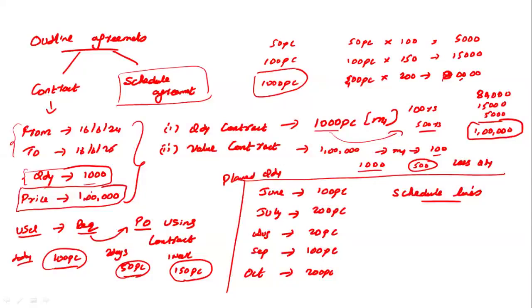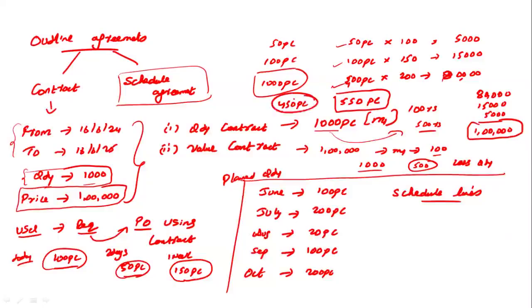Here you have not purchased all 1,000 pieces. You just bought 400 and 150, so total is 550 pieces. You purchased only 550 pieces. As your value got consumed, the contract got expired. Take the same example: you purchased 550 pieces in the quantity contract, you can still purchase 450 pieces.